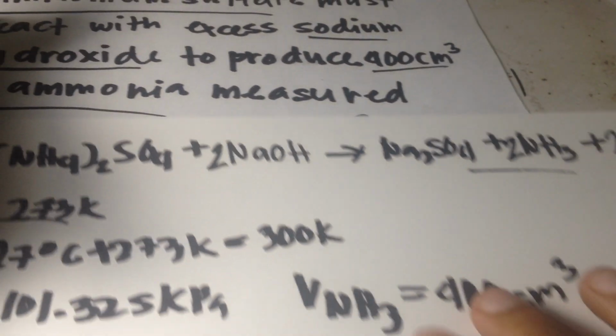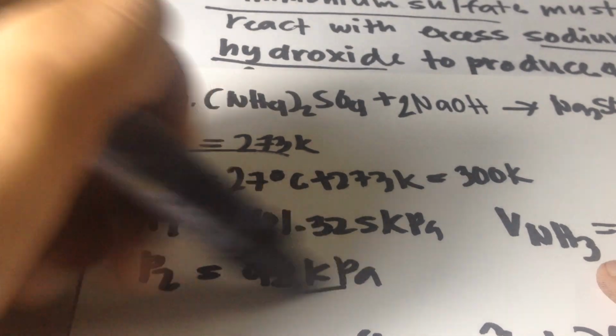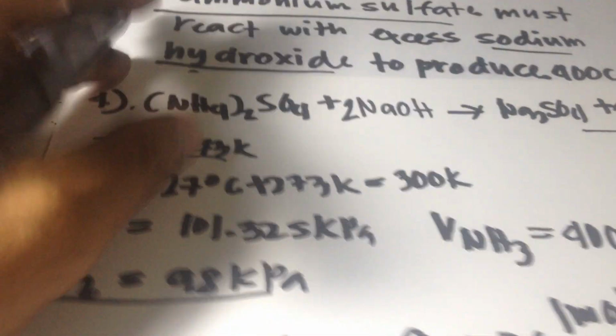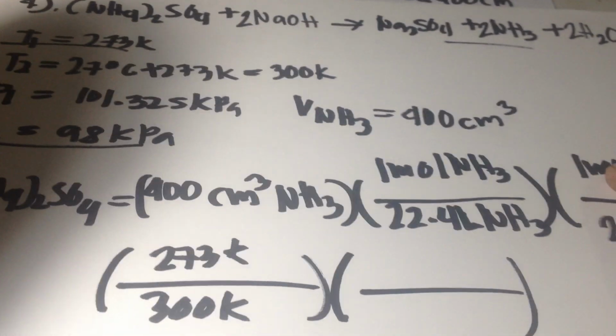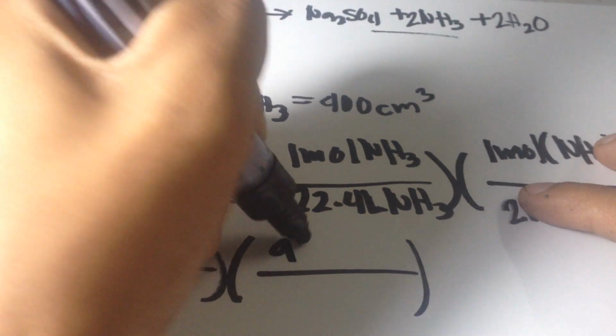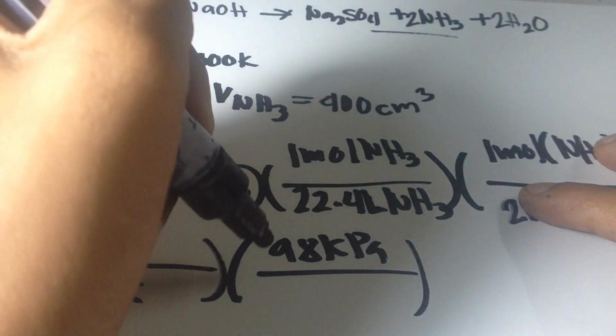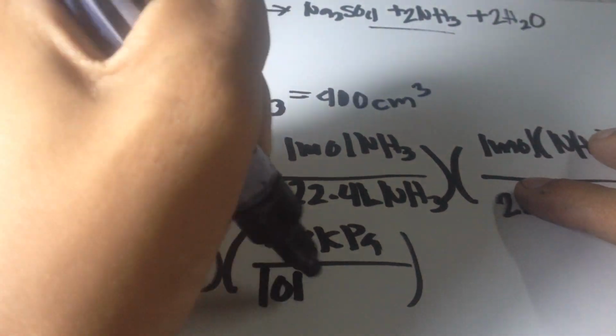The P2 is 98 kilopascal over the standard pressure, which is 101.325 kilopascal.